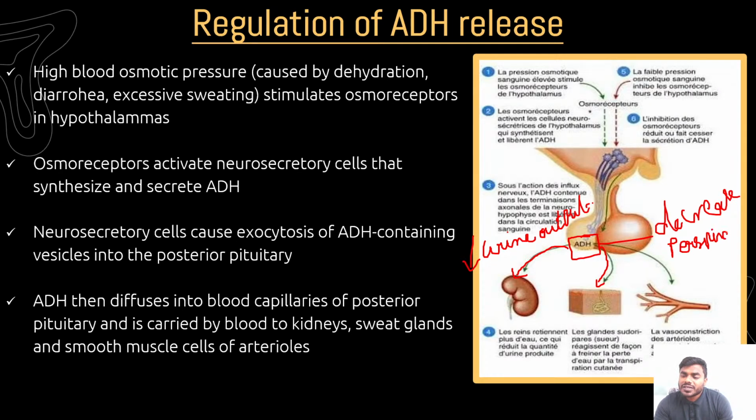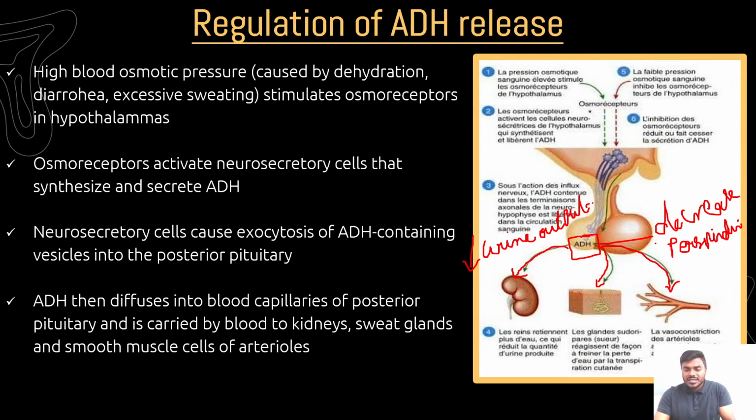What is perspiration? Sweating. Once the sweat decreases, especially sodium ion never goes out in the sweat. Now it will constrict the blood vessels. When it constricts the blood vessels, the high blood osmotic pressure comes down.